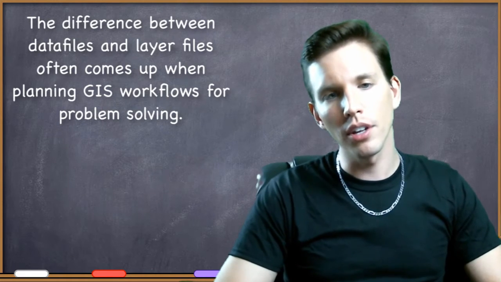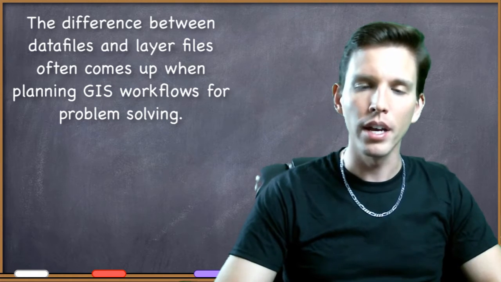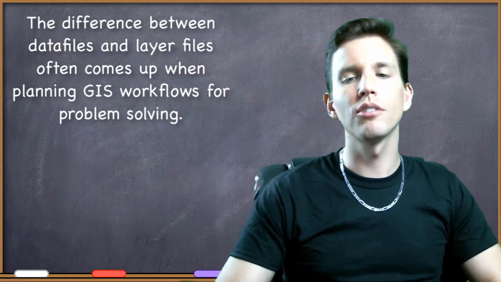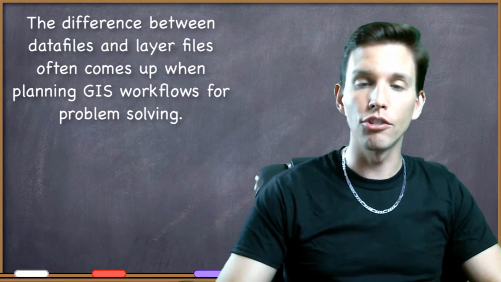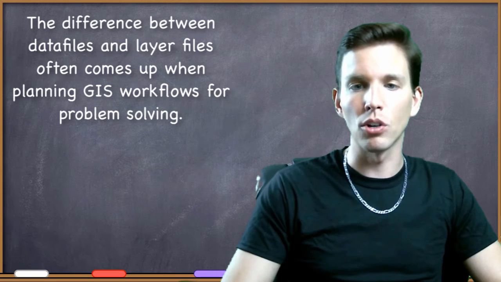Another reason that I wanted to introduce you to the difference between a layer file and a shapefile now is because it becomes extremely important when you're doing different kinds of selection and geoprocessing tasks when we're talking about solving problems or answering questions.